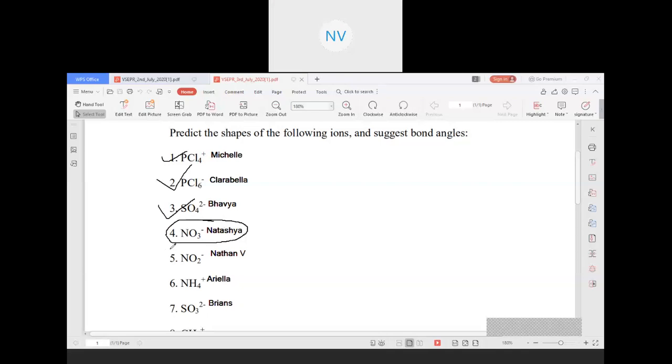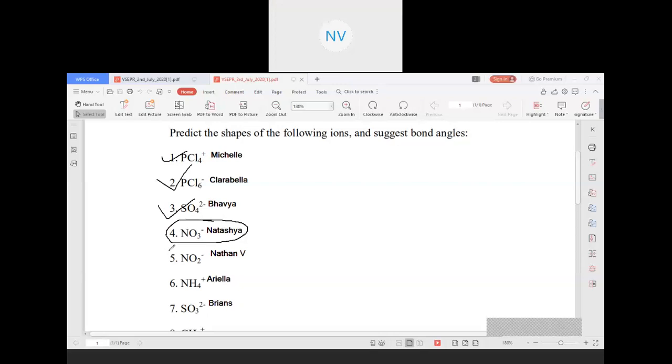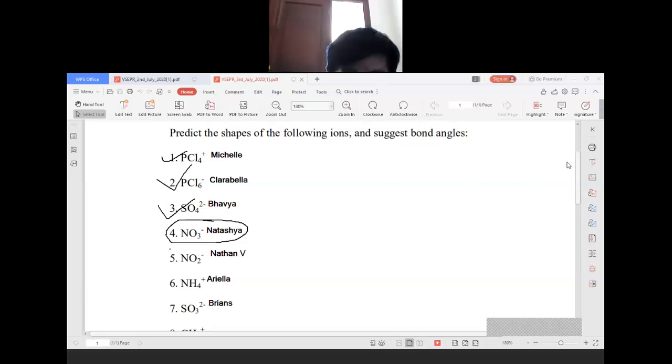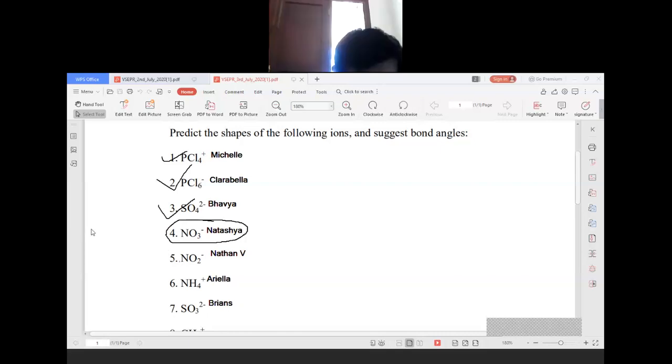No, it is not a triangle. It is a V shape, or bent. Okay, so it's a V shape.